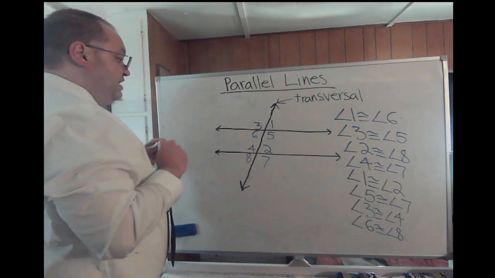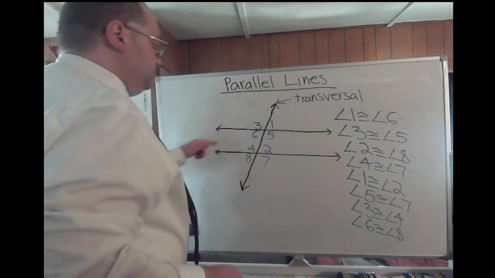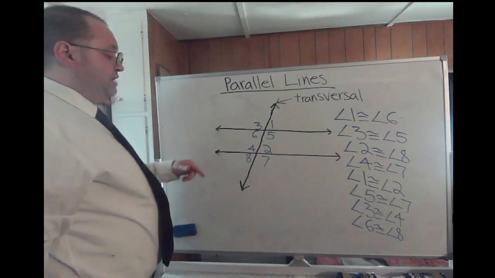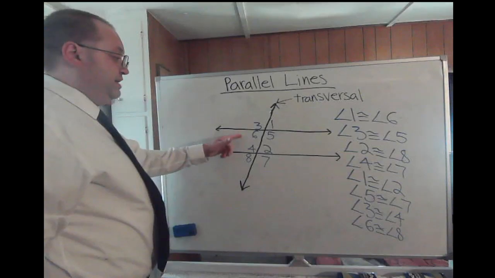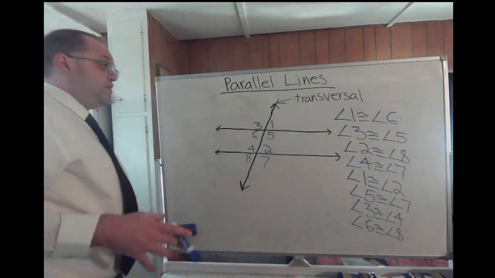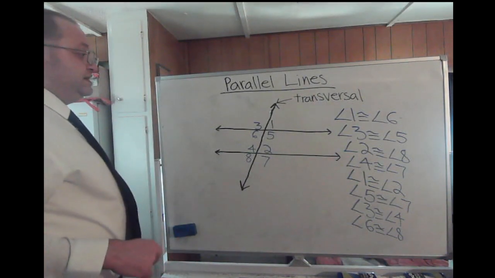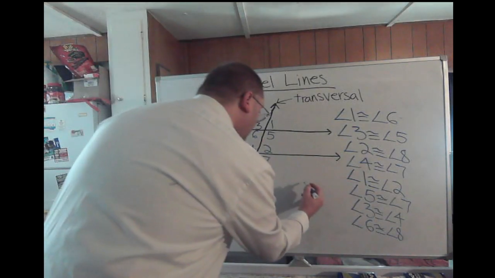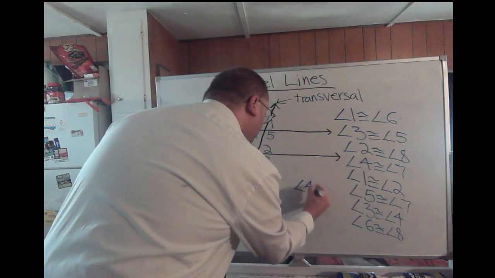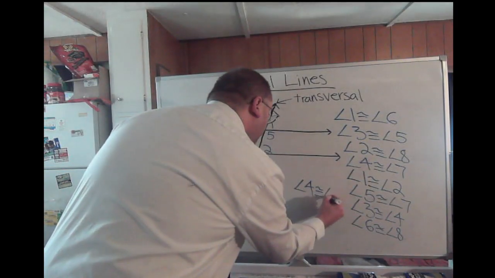Alright, so I think we've dealt with all the corresponding angles by dealing with angles that are on the same part of each line being congruent. Let's deal with alternate interior angles. So alternate interior, such as 4 and 5, angle 4 is congruent to angle 5.